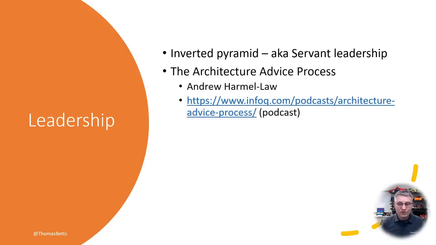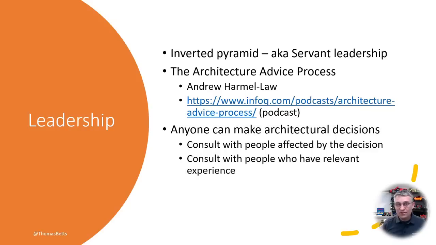That's also why I enjoyed talking to Andrew Harmel-Law about the architecture advice process. One of the key takeaways from that conversation was that anyone can make architecture decisions. I've kind of hit on this already, but what he says is that those people have to do two things: consult with two groups, people that are affected by the decision and people with relevant experience.